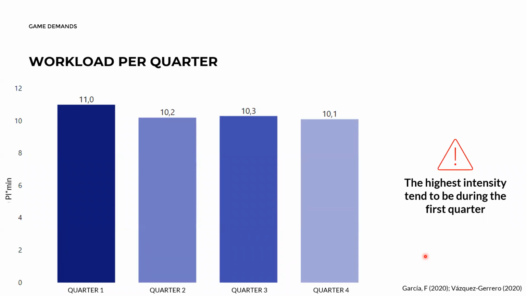So we could say that the highest intensity tends to be during the first quarter, but we know that more research is necessary because we don't know if the lowest demands during the last quarter are because of fatigue or are a consequence of the score line or other tactical reasons. So we should clarify it, but it seems that the highest intensity tends to be during the first quarter.